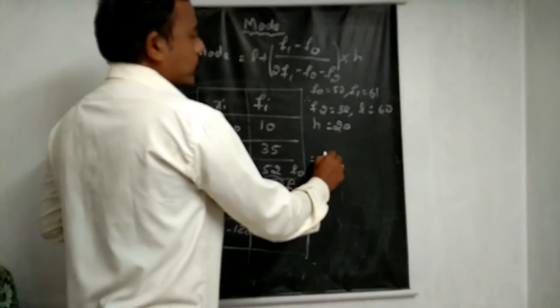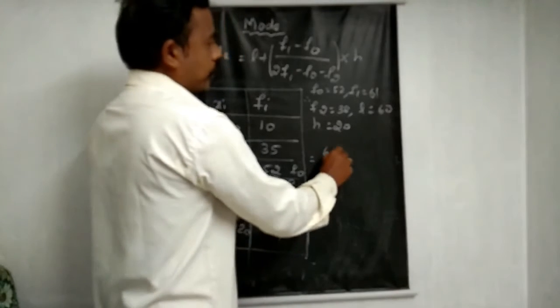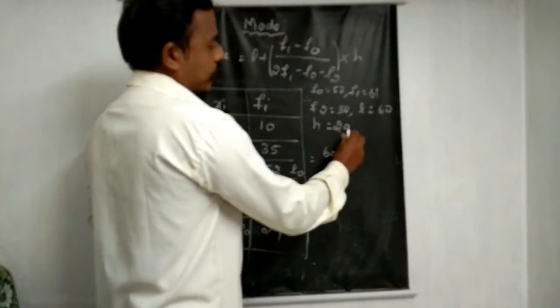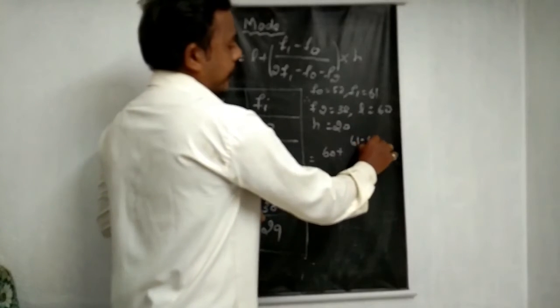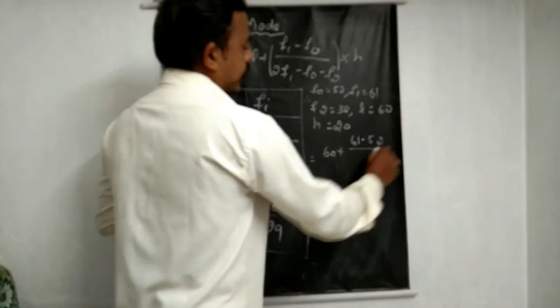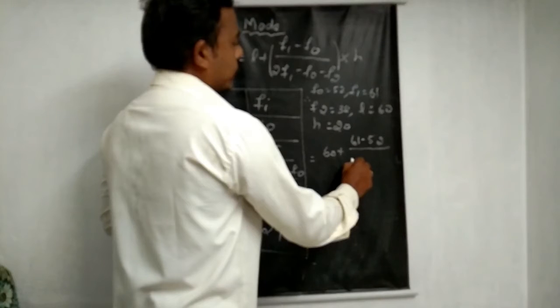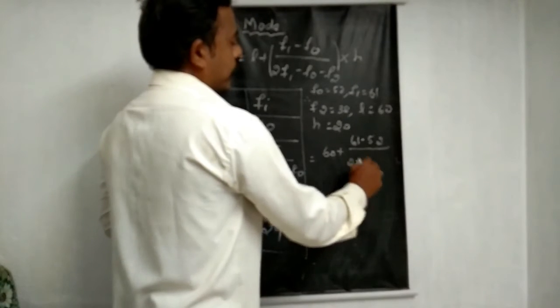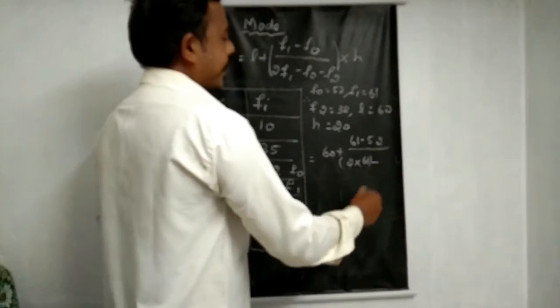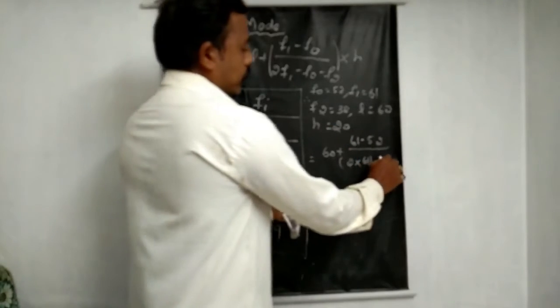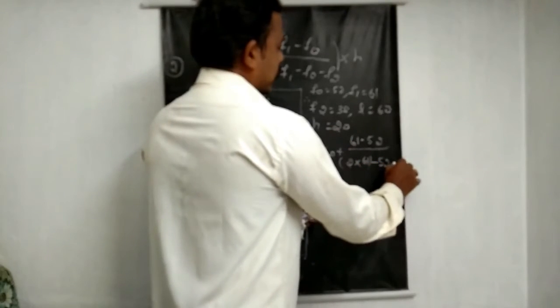So mode equals L plus (F1 minus F0), 61 minus 52, divided by 2 into F1 61 minus F0 minus F2, 52 minus 38.